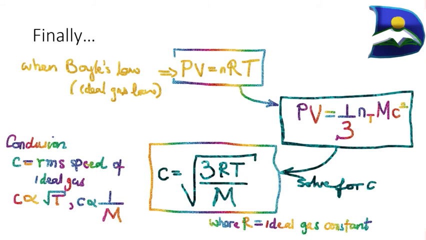So as the molecular weight of the gas increases, the root mean square speed of the gases will decrease, and if you increase the temperature, rightfully so, the root mean square speed of that ideal gas increases. So these are the conclusions made based on a specific way to derive not only the relationship between pressure and the molecular speed, but also what the root mean square speed implies in an ideal gas. So that's about it for this particular long video.